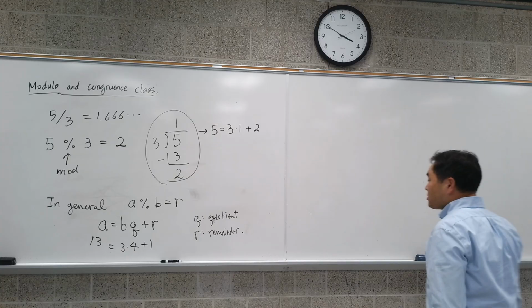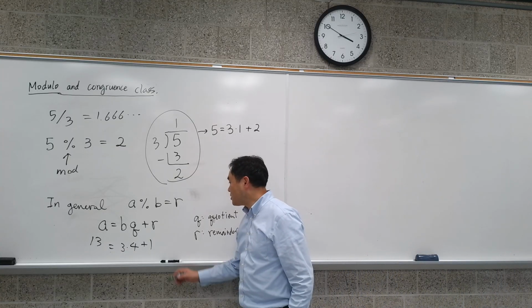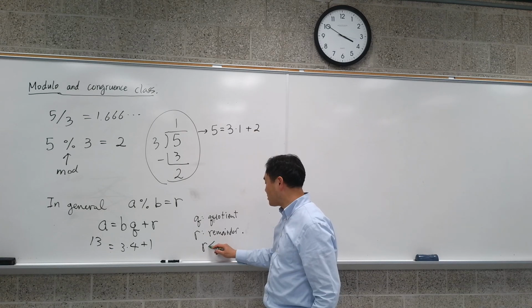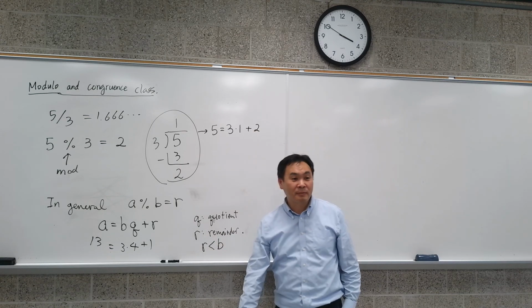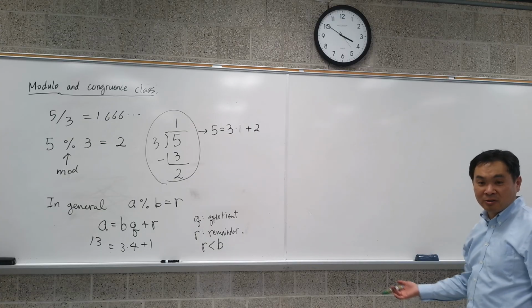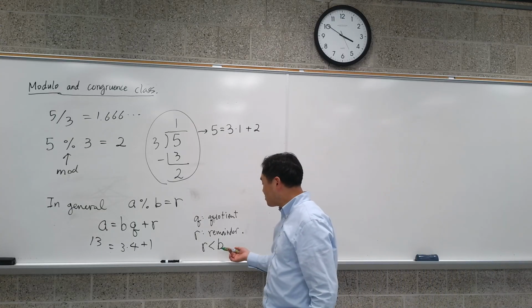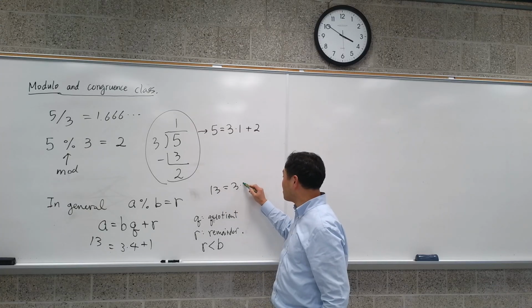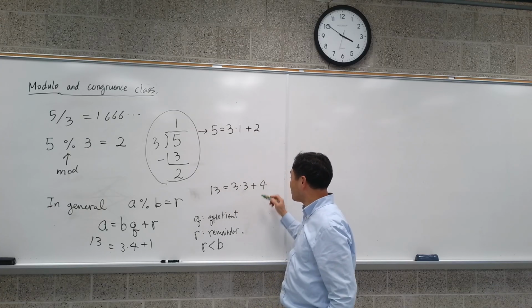And another thing that you can agree on is that the remainder R should always be less than B. Do you agree? Yeah, obviously, right? If you have more than B left, so for example, you can say 13 is equal to 3 times 3 plus 4.